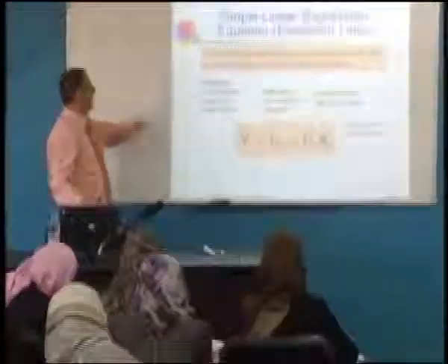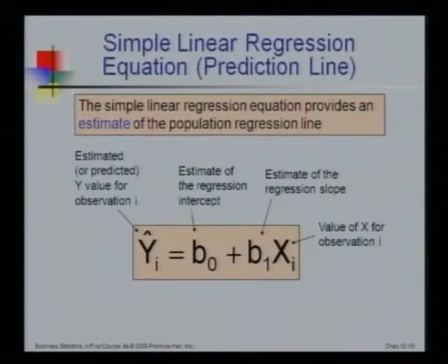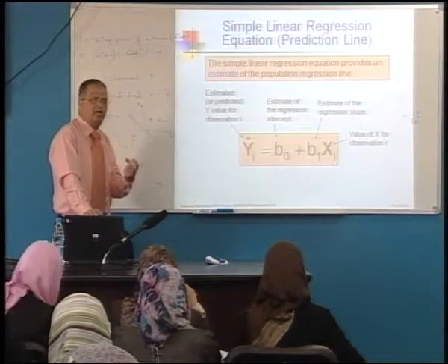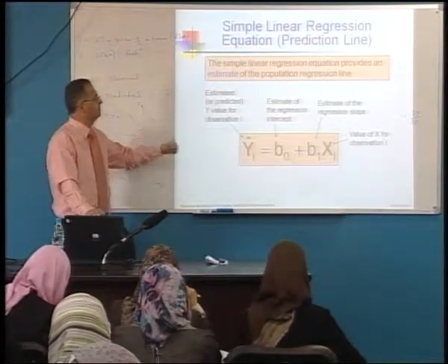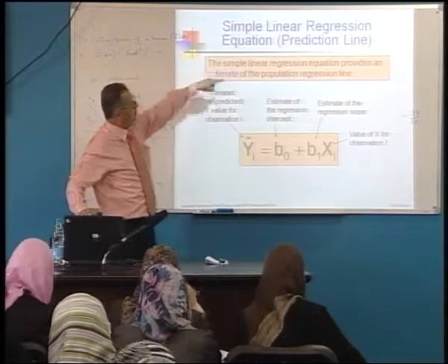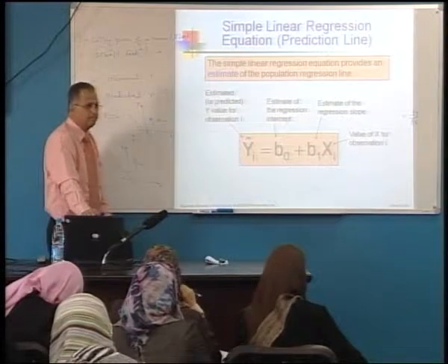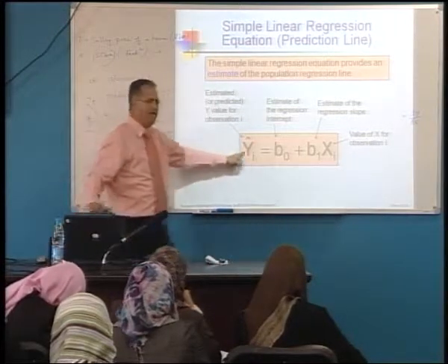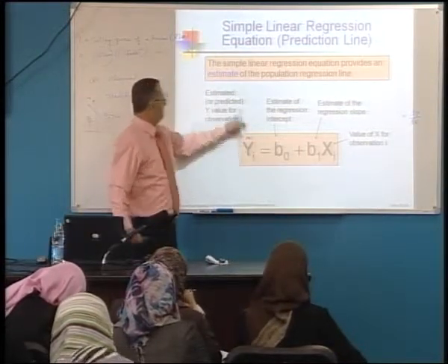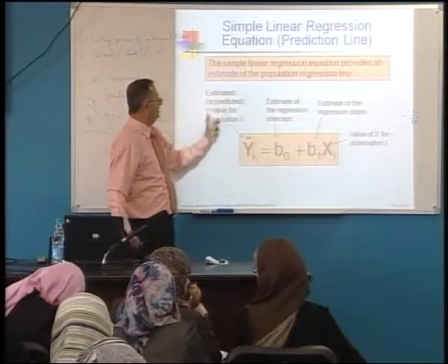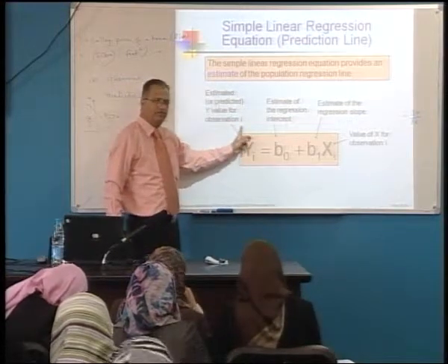Now, we don't actually know the values of beta 0 and beta 1. We are going to estimate these values from the sample we have. So the simple linear regression equation provides an estimate of the population regression line. Here yi hat is the estimated or predicted y value for observation i.